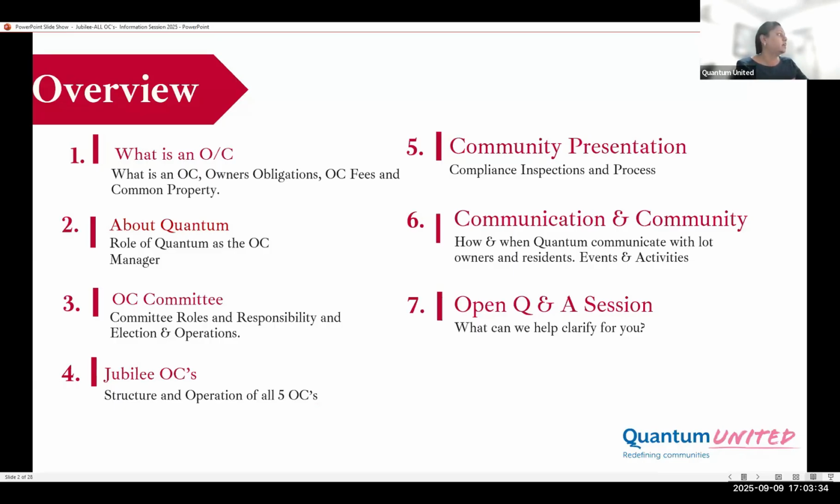We'll also be having a Q&A session in the end for everyone to shoot some questions. If you have any, please also use the chat box function in the Zoom, and either myself or Nat will be able to answer your questions. But if there are any particularly tricky questions, I will answer them at best when I can at the end of the presentation. So what is an owners corporation?